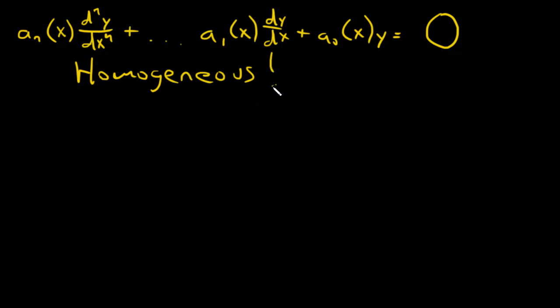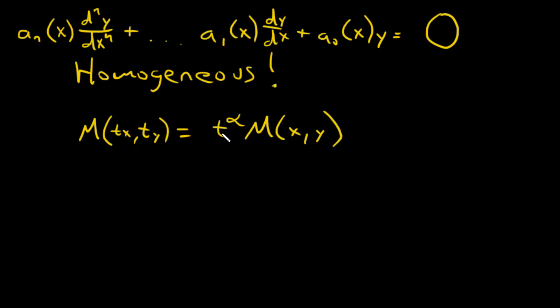But wait, I can hear you saying, we've already used homogeneous. We used homogeneous back in 2.5 when we had that whole, oh gosh, what was it? m of tx, ty is equal to t to some alpha times m of x and y. You remember that? We said that was homogeneous.